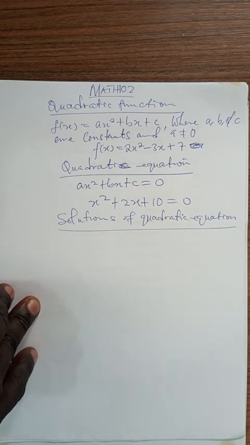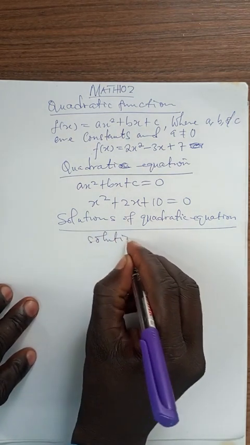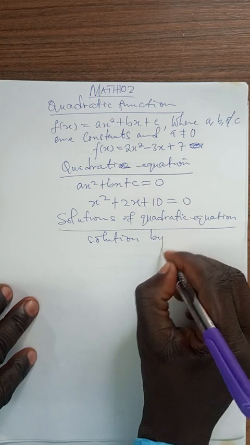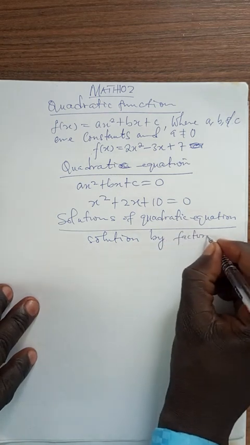In this our context, we shall cover only solution by factorization, solution by completing the square method, and solution by the use of formula. Immediately we start with solution of quadratic equation by factorization.